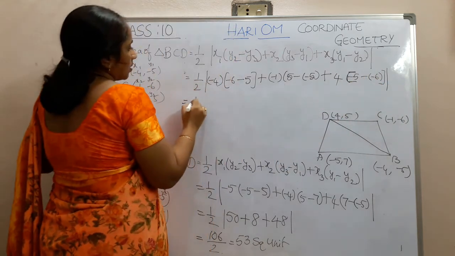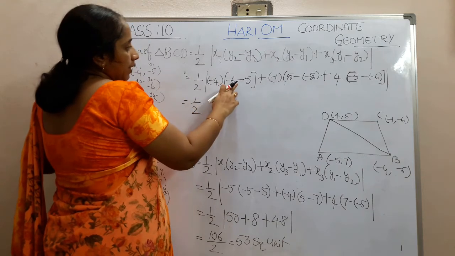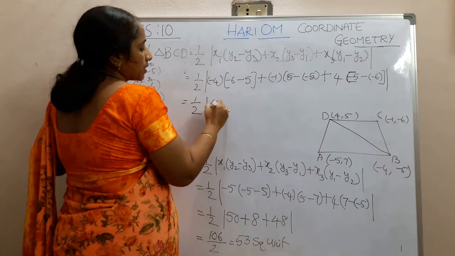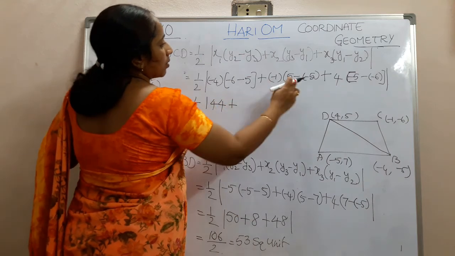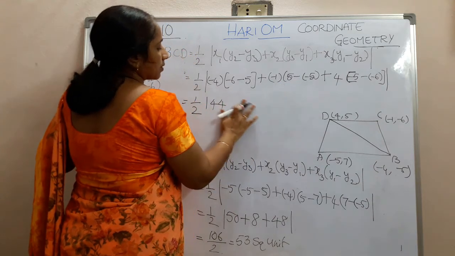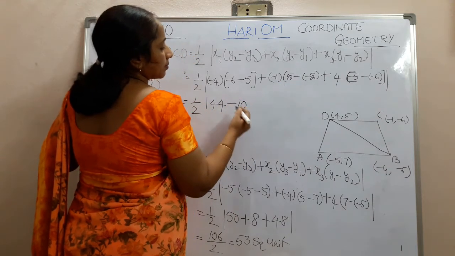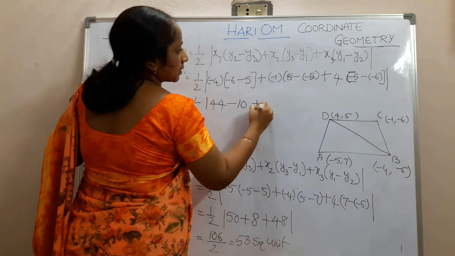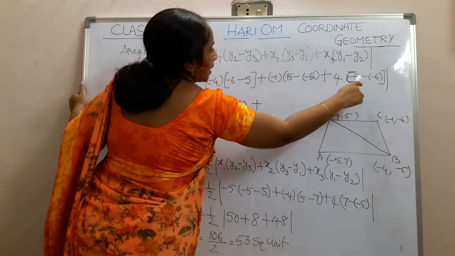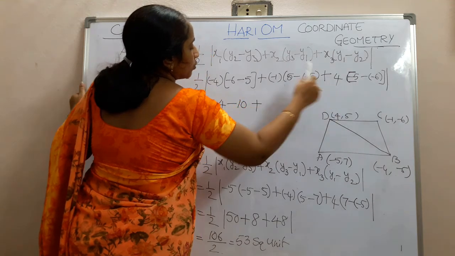It is 1 by 2, minus 11 into 4, minus 4 plus 44, minus of minus plus 5, 10 into minus 1, minus 10, plus minus of minus plus 6, minus 5 plus 1 into 4, 4.